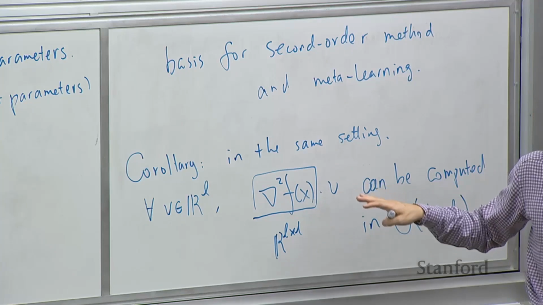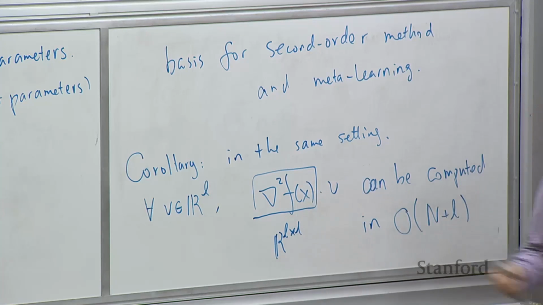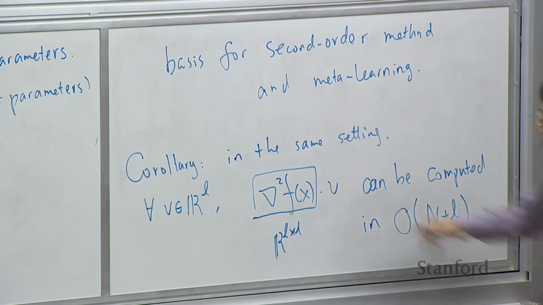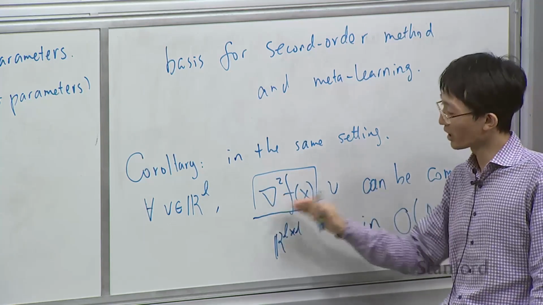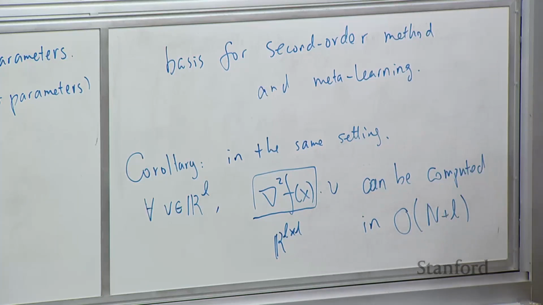That would be too inefficient, because just computing this matrix itself would take L squared time. However, if you compute the whole thing altogether, without computing the matrix first, then there is a way to speed it up, and you can do it in O of n time. Since n is bigger than L, you just take O of n time.